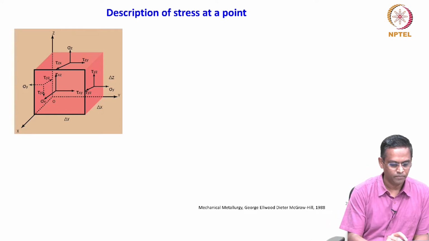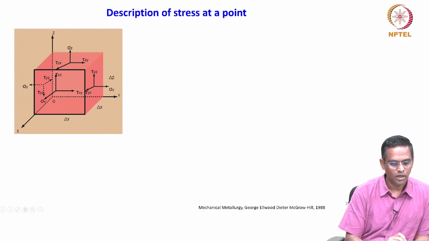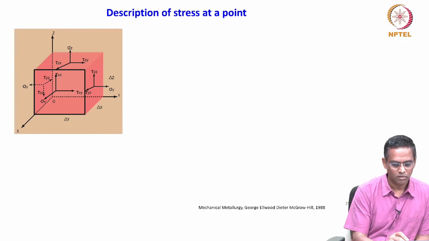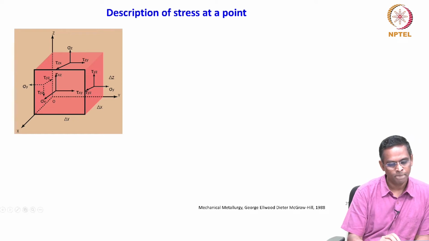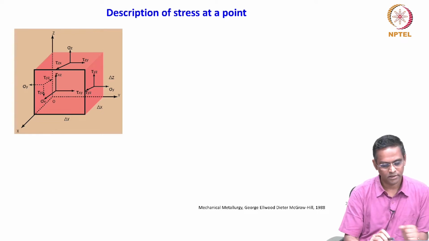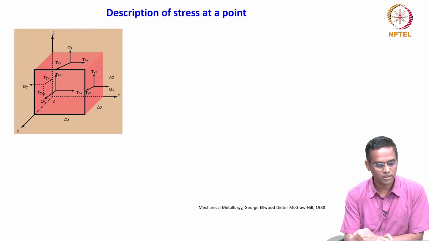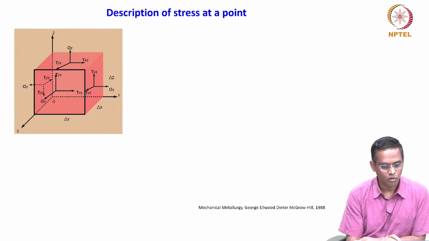This is a cube which has the lengths delta x, delta y and delta z. You can see that there are many components of stress denoted on this cube. x, y, z is a Cartesian coordinate system.